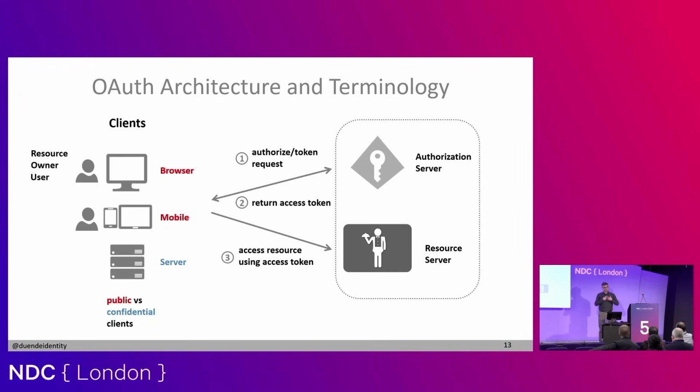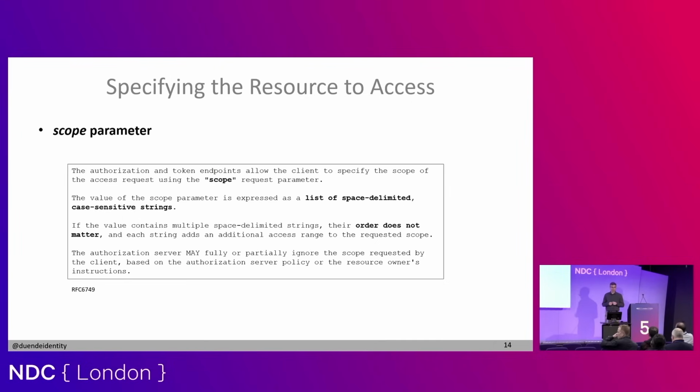I am the owner of my Google account, but I want to get an access token now that just allows reading my Google Calendar. The mechanism in OAuth 2 for that is the scope parameter, where we embed in the access token the scope that is allowed of the API surface that this access token may be used at.